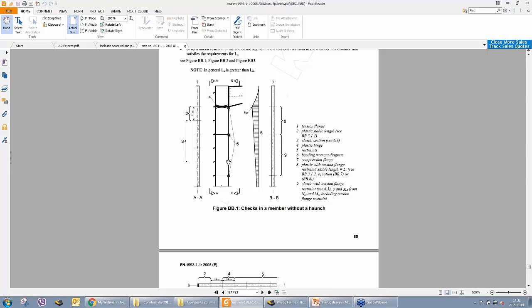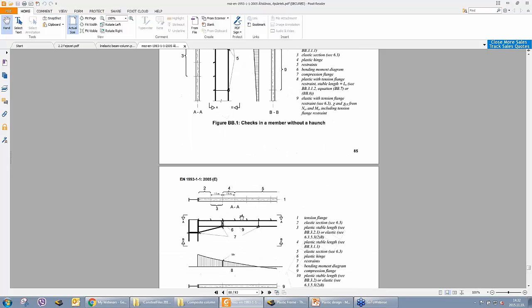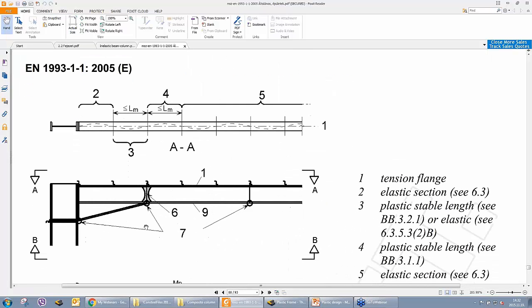And we have to check around the plastic hinges. For example, here we have to check these two segments for LM, so this is between adjacent lateral restraints. This is for the hinged formula, and this is for the uniform member formula.